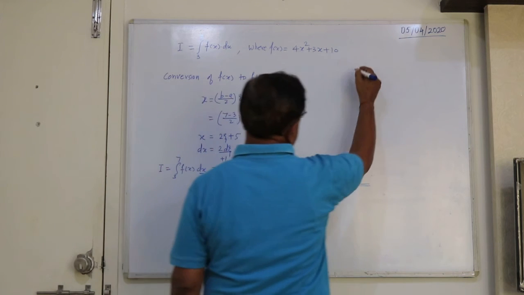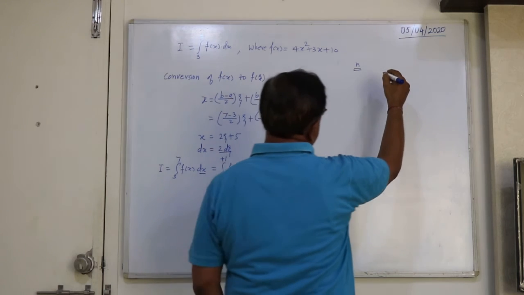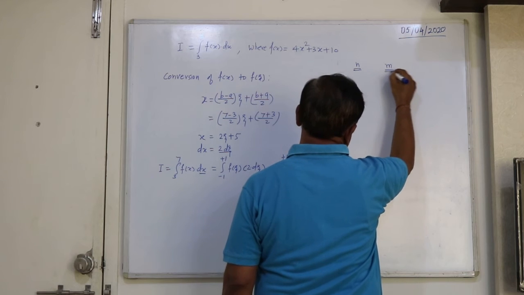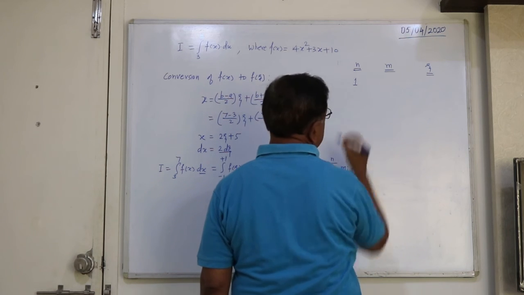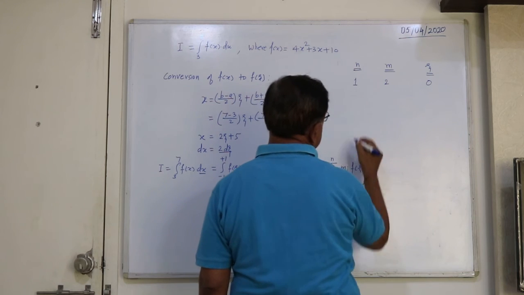Depending on the number of Gaussian points, n, we take the weights and locations, m values and xi values. If you take 1 point, m is 2 and the location xi is 0.